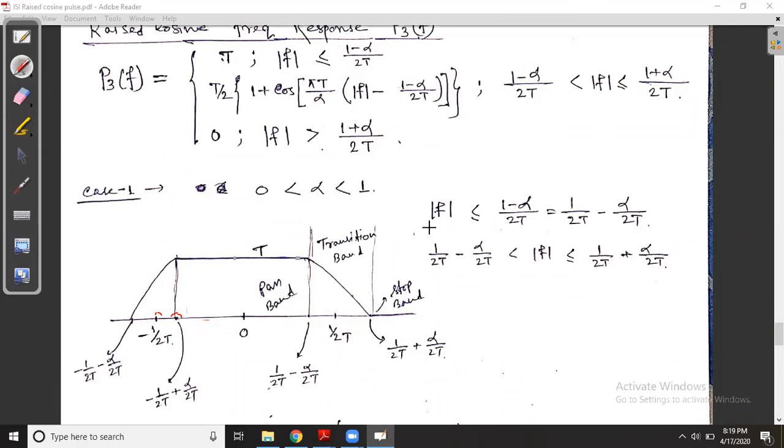In between this value, plus this and minus this, that means in this range, the pulse amplitude is T, which is a constant.